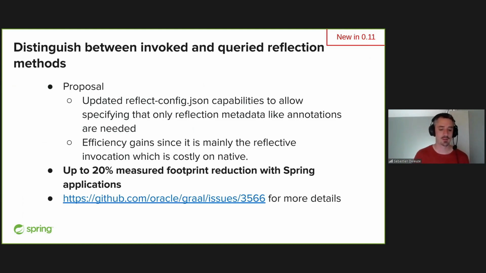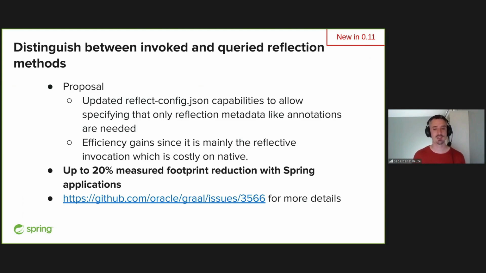Let's now talk about the improvements in terms of reflection. A new feature of GraalVM 21.3 will be to distinguish between invoked and queried reflection methods to allow better efficiency. Currently, when you configure reflection on GraalVM, it provides the reflection metadata like annotations, and also creates some proxies to allow invoking methods or constructors reflectively.